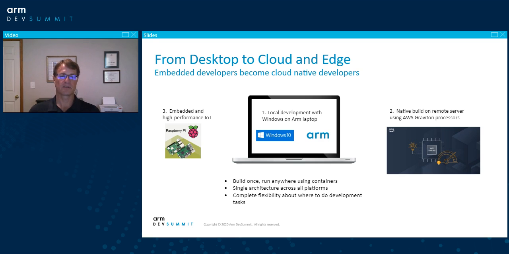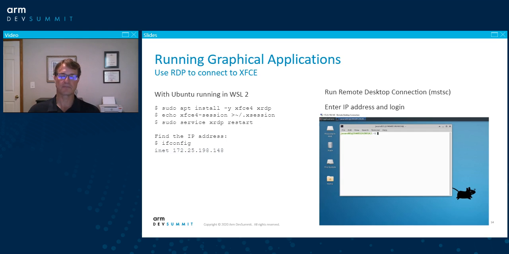And then we can deploy those containers to our embedded and IoT boards. So Raspberry Pi, any IoT and edge compute systems which are running Linux and can run containers, we can deploy those there. You can see these three targets make it very good for building and running containers and having the ARM architecture consistent throughout the entire experience.